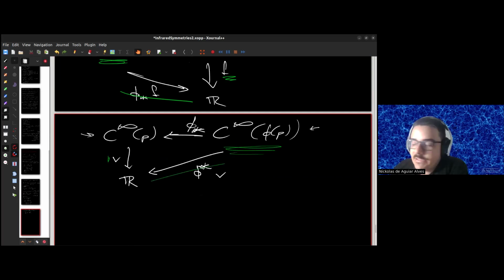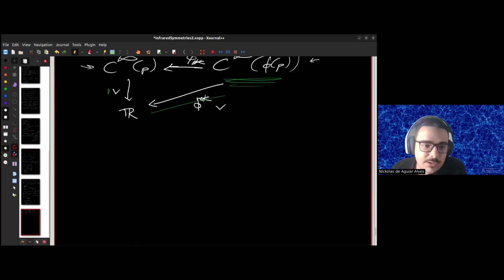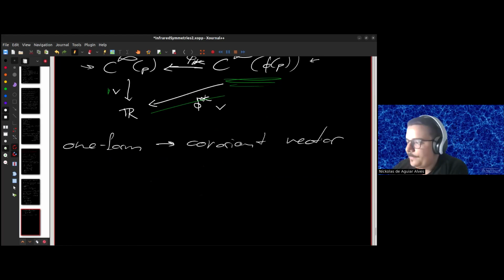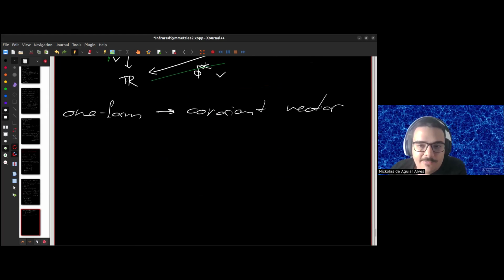The next step we can do is a one form, which I like to call it one form, but some of you may know it as a covariant vector. And now what we have here, these guys, they do not live in TPM. They live actually in a new space that we call TPM star. The star here refers to the fact that this is the algebraic dual of the TPM. But that doesn't really matter right here. This is just the name of the space in which they live in.